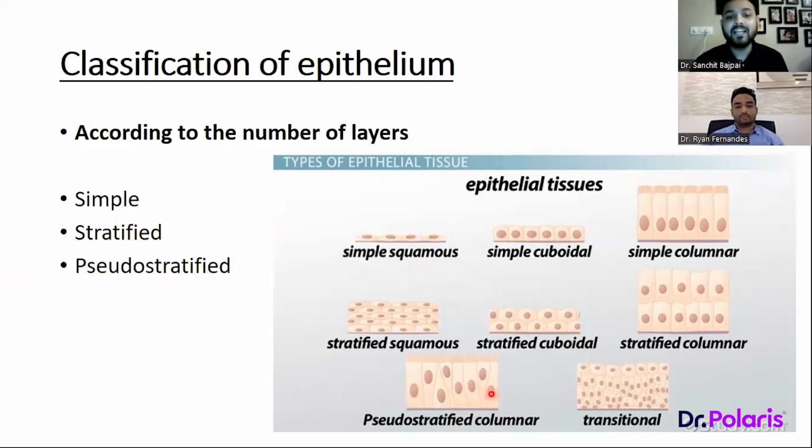That means they are a single layer of cells, but they look like there are multiple. I'll tell you later on why this happens. But just remember that pseudo means false, stratified means multiple layers. That means a person sees multiple layers, but actually there is only a single layer of cells. That is called pseudo-stratified. So on the basis of the number of layers, we have simple, stratified, and pseudo-stratified.